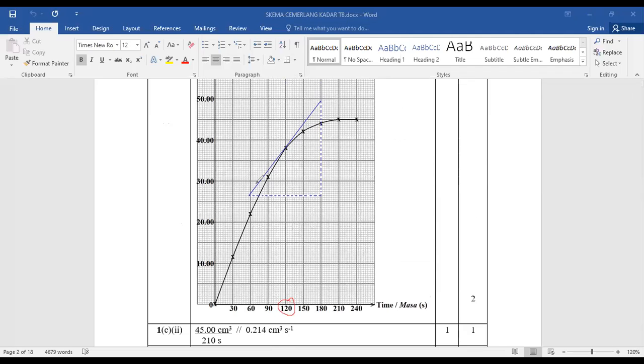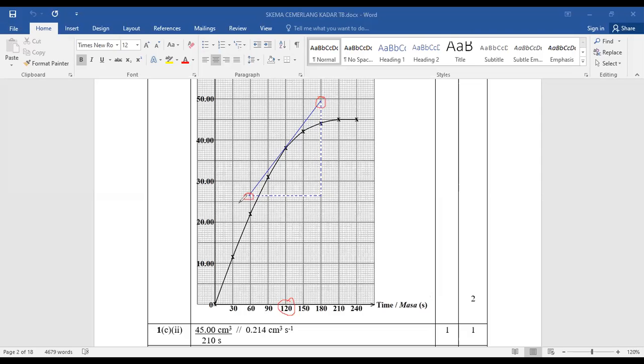Therefore, you are going to draw a tangent, the blue line, which touches this point only. Make a triangle, get the coordinate at this part, and get the coordinate at this part. Now, from the coordinates, you are going to calculate the rate of reaction at 120 seconds.